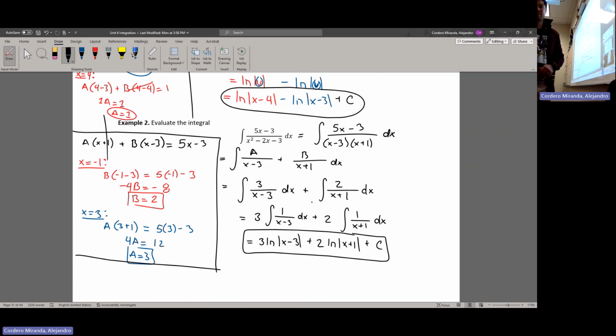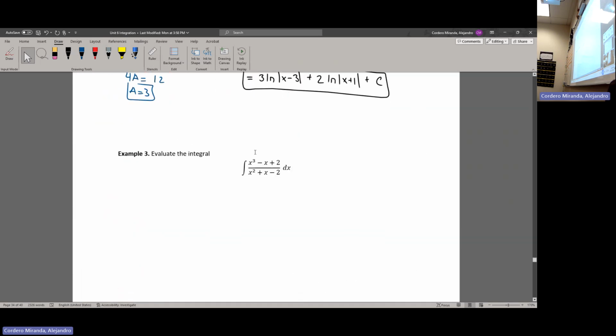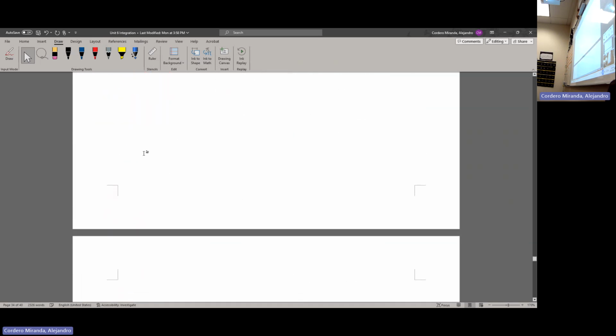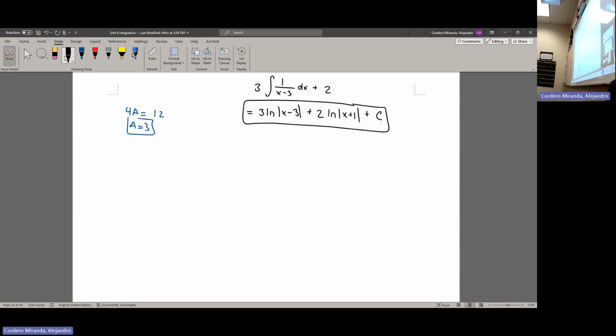Now, in my head, I'm thinking maybe they want an example where the u substitution cannot be skipped. So let me give you one of those. Let me add a page in here. All right, there you go. So when would u substitution not be allowed to be skipped?